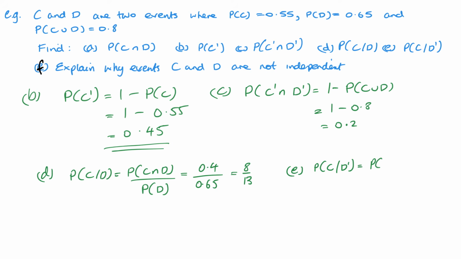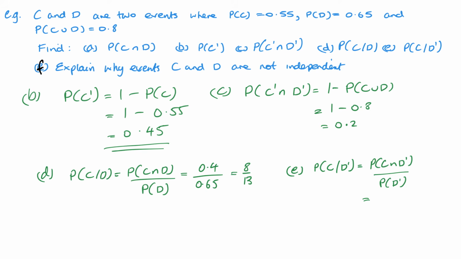And then part E, probability of C given not D. So again, it's the probability of C intersection not D over the probability of not D. So the probability of C where it intersects with not D, again, this is one that's really difficult without the Venn diagram, okay? Because you're looking at C and where it's not D. So it's that part of C minus the intersection of CD.